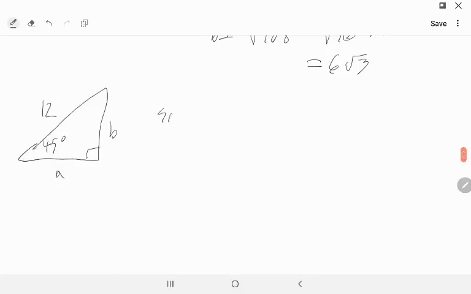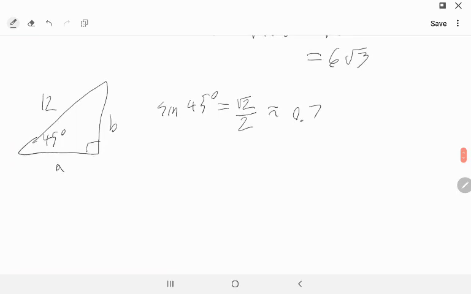We know sine of 45. If we put it into our calculator, we'll find that it's exactly square root of 2 divided by 2, which is approximately 0.7 something.